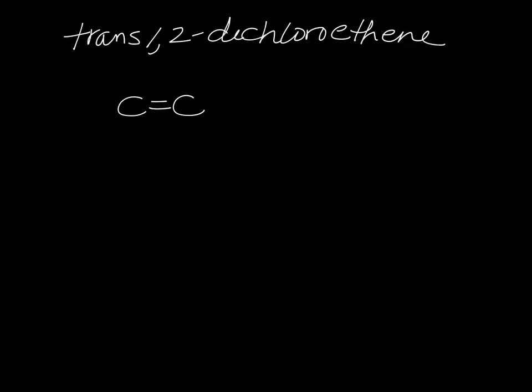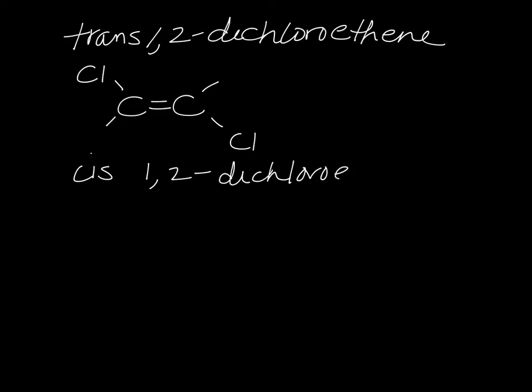Trans meaning opposite side, so I have a chlorine here and I have a chlorine here, and this is going to be my H's. And then cis 1,2-dichloroethene. Same thing, except my chlorines are going to be on the same side.